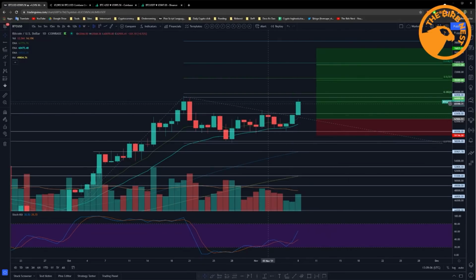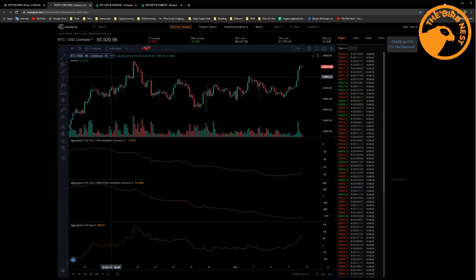But I want to show you also what I saw with the CVD, the cumulative volume delta, which is, in my opinion, an awesome tool to see which traders are actually on the wrong side of the market. I've shared in the past some videos about how to use the CVD, but I'll go over it and show you some of the basics.